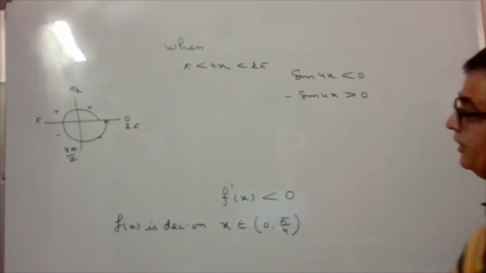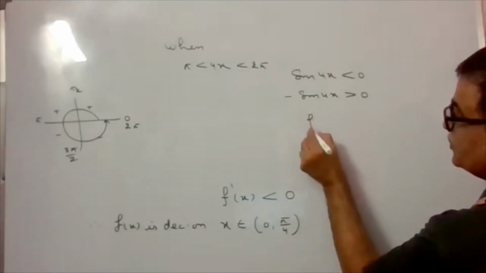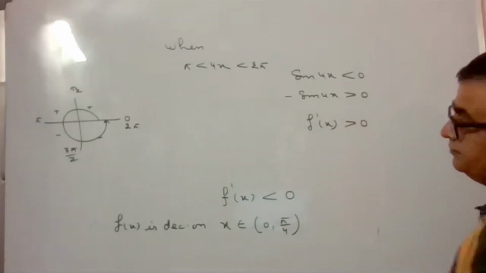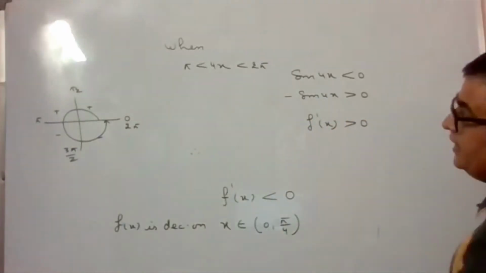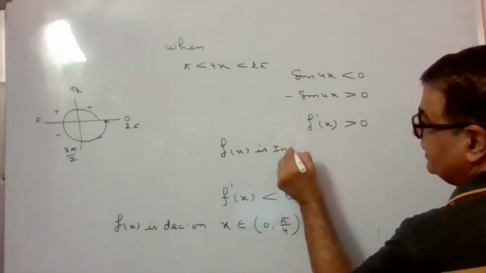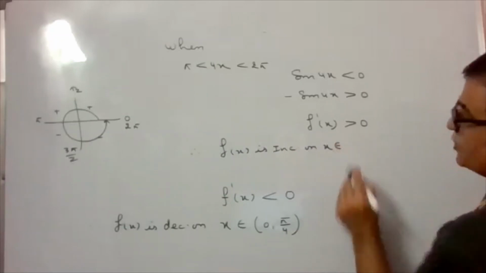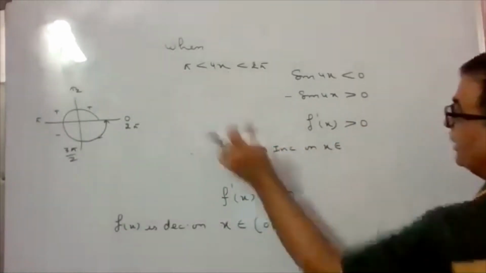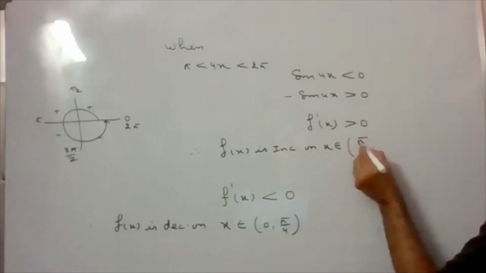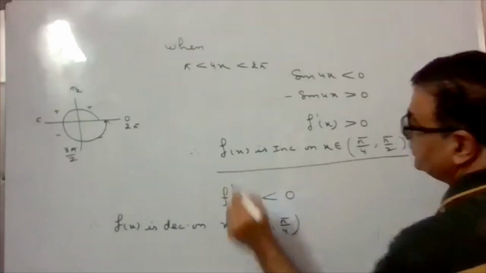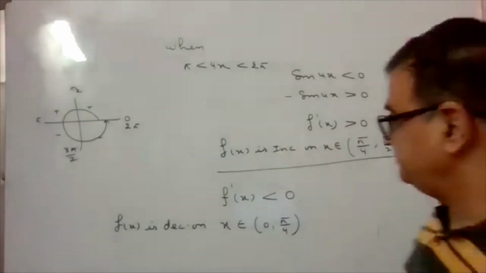If minus sin 4x is positive, that means f dash x is coming positive. Therefore f(x) is increasing on x belongs to, divided by 4 again, pi by 4 to pi by 2. This is the increasing function.